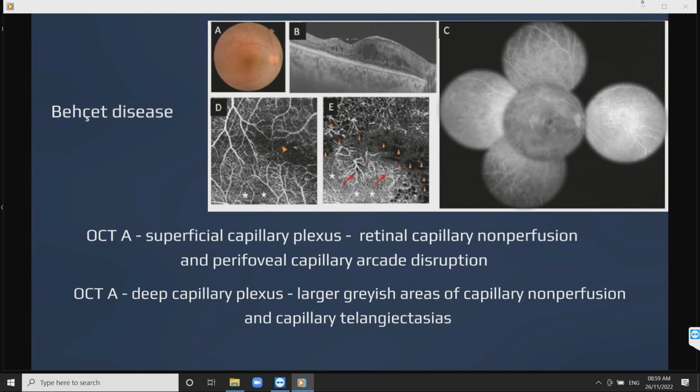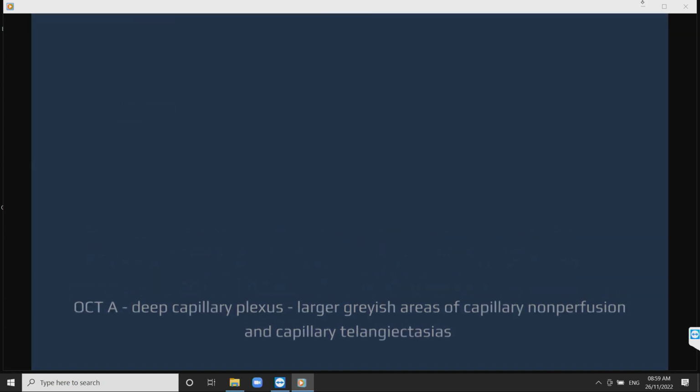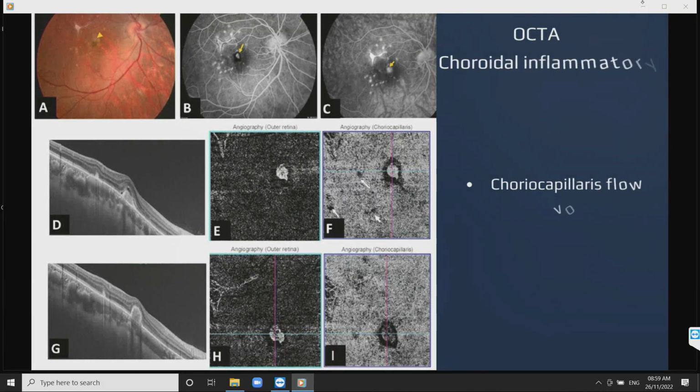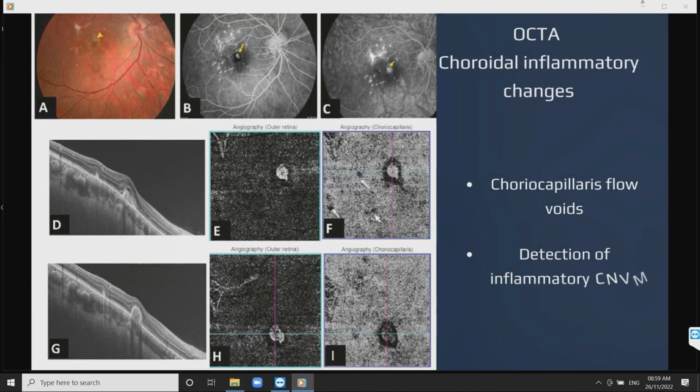We can differentiate superficial capillary plexus and deep capillary plexus changes separately. In choroidal inflammatory conditions, OCTA detects choriocapillary flow voids and early inflammatory CNVM changes.